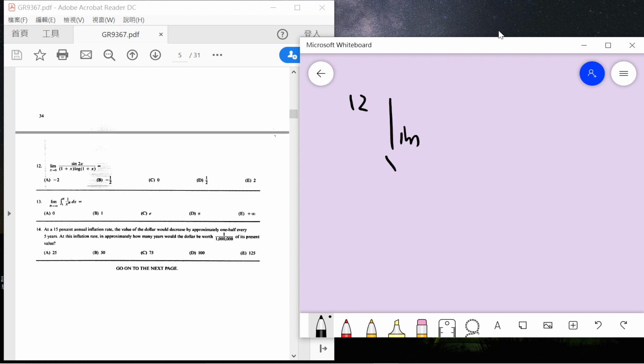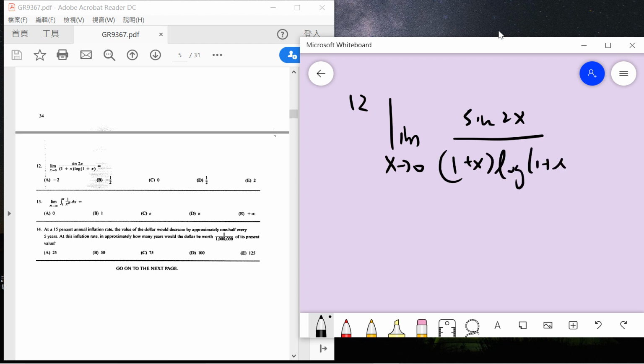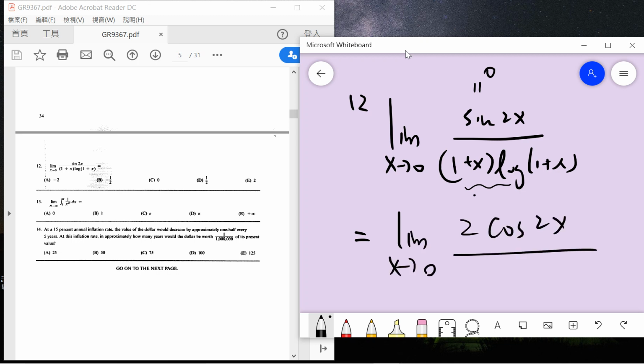12 asks about the limit. So when x equals 0, then the numerator is 0, the denominator is 1 times log 1, so it's 0. So what we need to do is the L'Hopital rule. We take the derivative with respect to x, of both numerator and denominator.